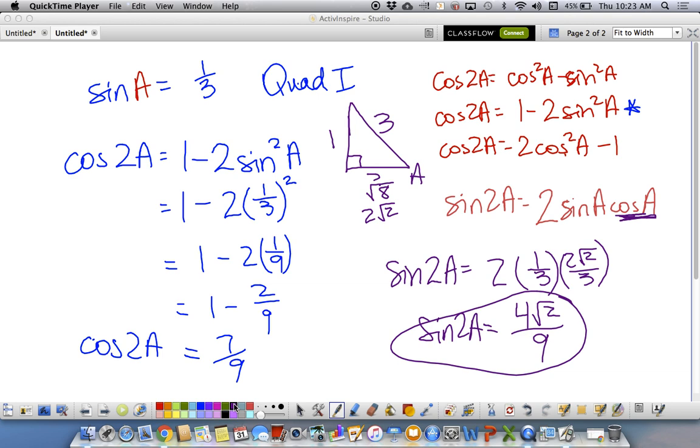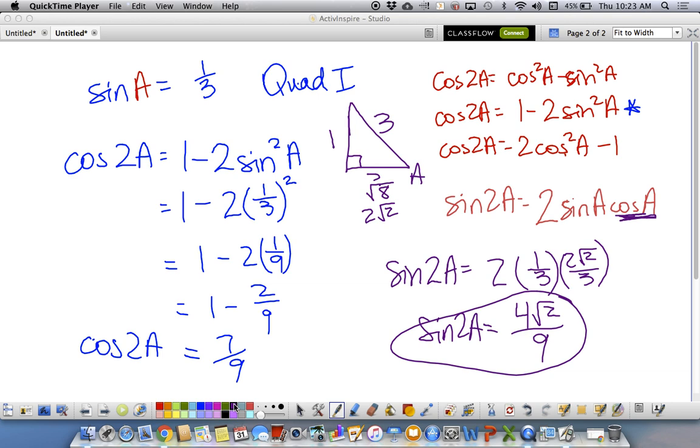If it had been in a different quadrant, the only thing that would have changed is that our cosine right here would possibly be negative, if it was in quadrant 2. And then our sine 2A would have been negative.